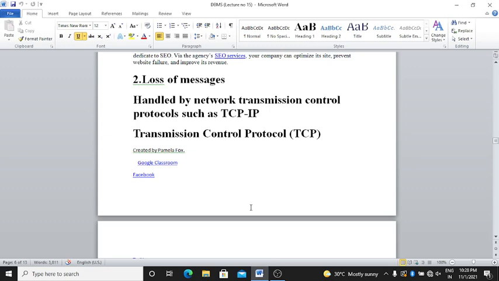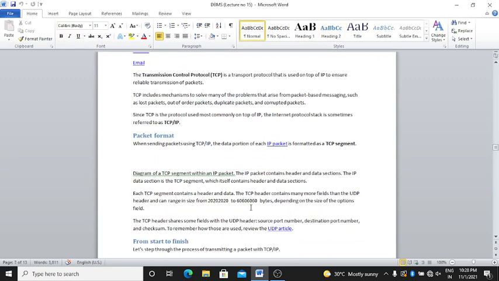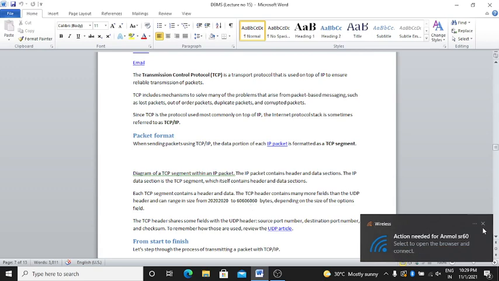TCP is the main protocol which handles the loss of messages. The Transmission Control Protocol: T stands for transmission, C stands for control, P stands for protocol. It is a transport protocol.